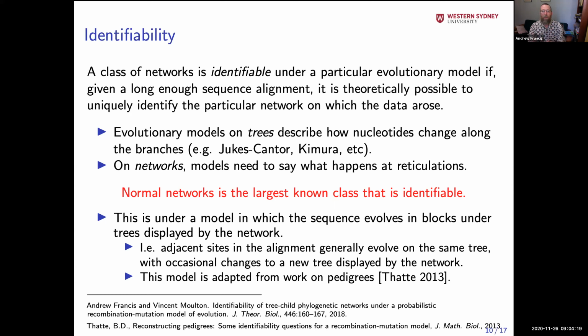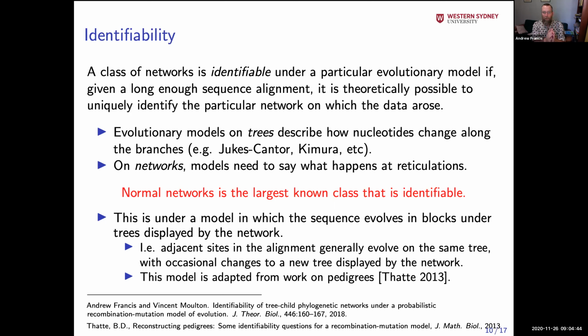under another tree, which is a bit different to the usual model of evolution on a network, which might be something like you have a nucleotide that you're evolving at a site, and you come to a reticulation, and you pick a parent for the child of the reticulation, and you do that at each site.